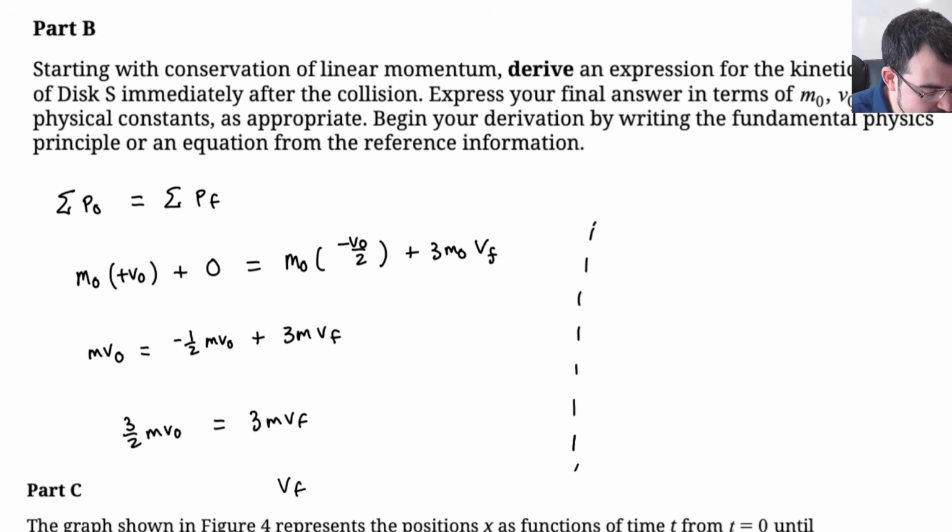And we get the v of that disk is just positive 1/2 v0. But we actually want to find the kinetic energy. So now it's just a substitution. And K equals 1/2 m v squared.